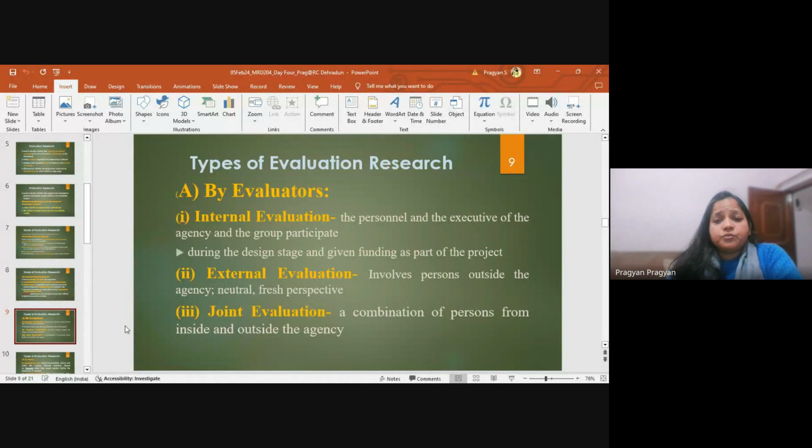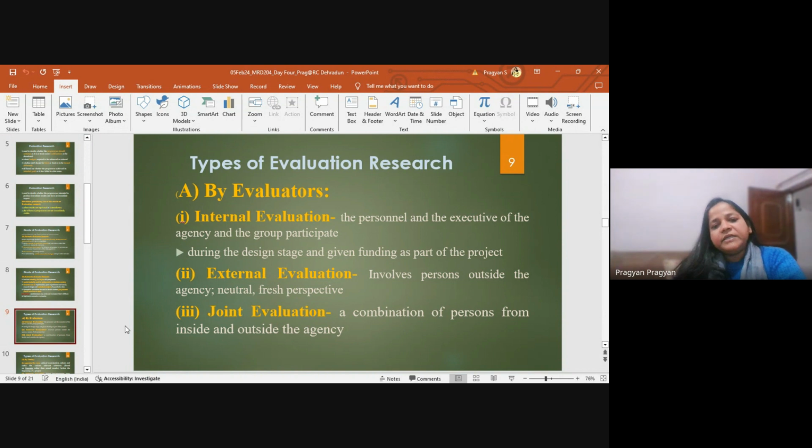A person who belongs to the agency itself is going to be the internal evaluation. In this process, the personnel, the executive of the agency can interact with staff on all levels, for instance, from the planning division to the research and research tool designing, to the other teams engaged in other processes of a particular development agency's functioning.